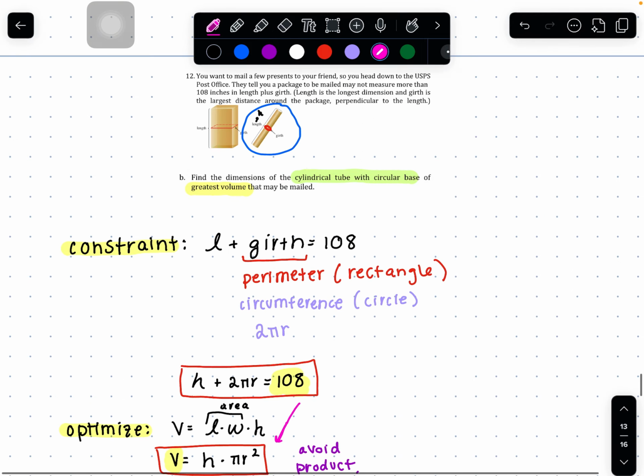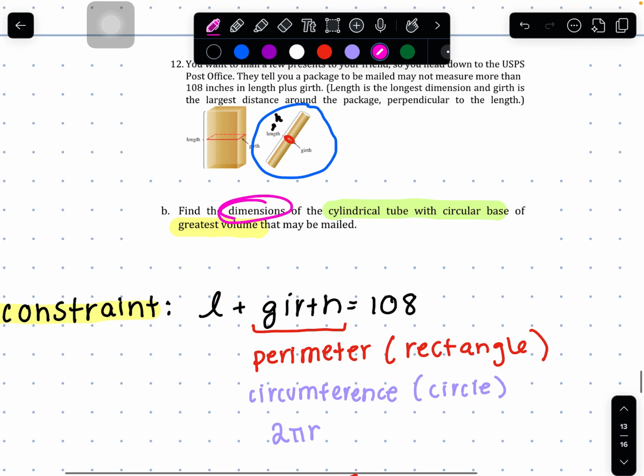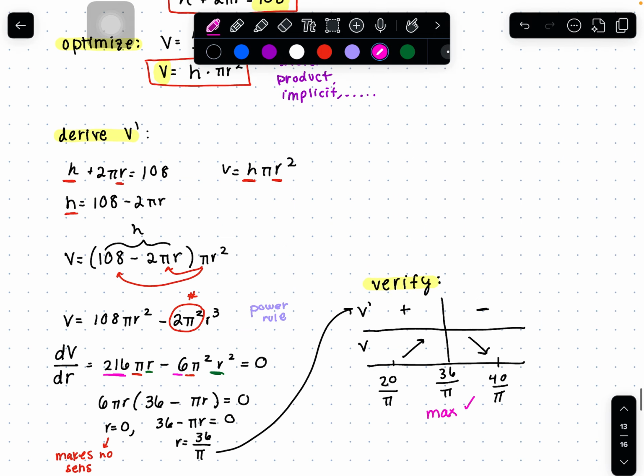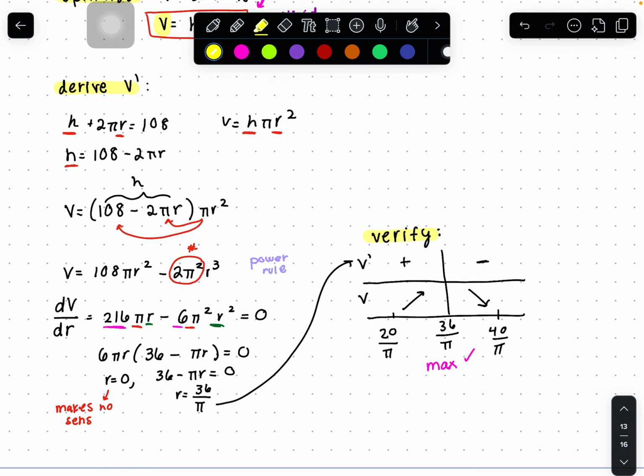Remember, the question said find the dimensions. The dimensions of a cylinder are r and h. We have r. What is h? Well, h is going to be 108 minus 2 pi times 36 over pi.